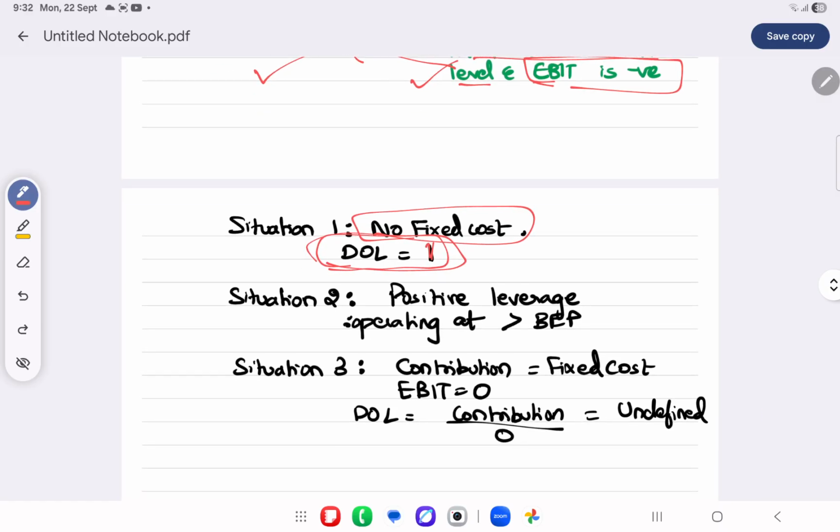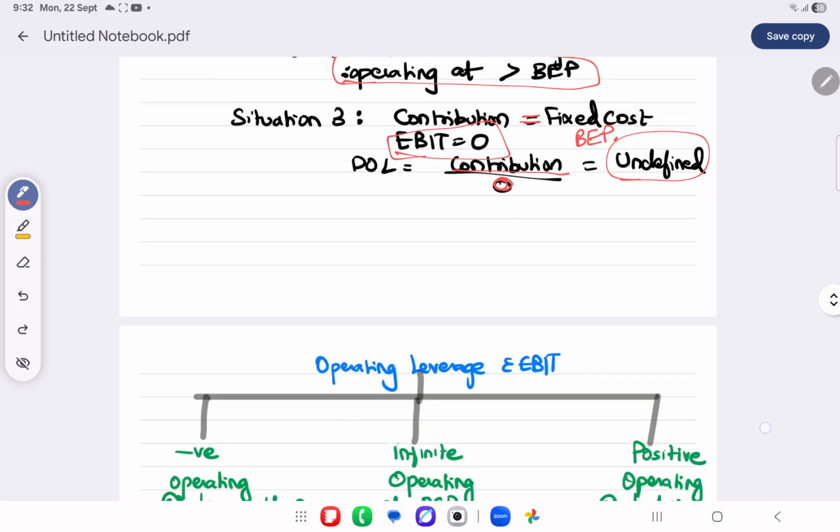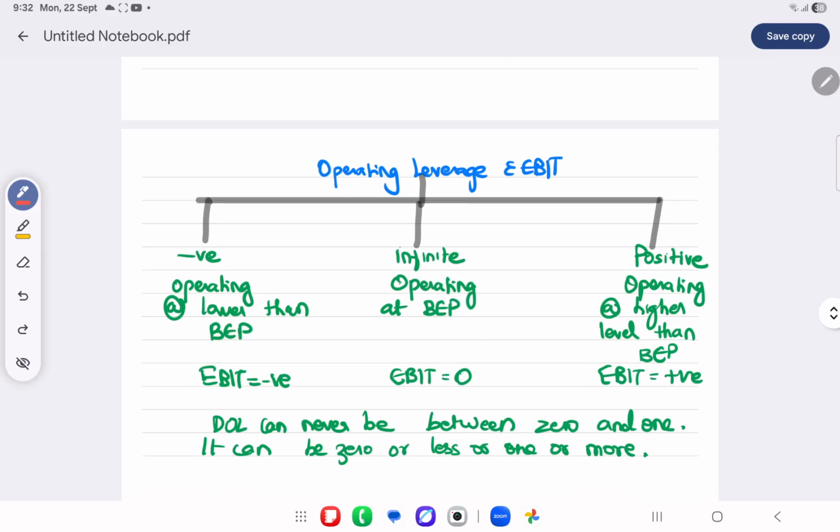Now positive leverage means operating at greater than break even point. Okay, we'll take situation 3 where contribution equals fixed cost. EBIT is 0. It means operating at break even point. What will be our degree of operating leverage? Contribution divided by EBIT, which is 0, which is undefined. So with all these analysis, can we say if our operating leverage is negative, it is operating at lower than BEP, EBIT will be negative.